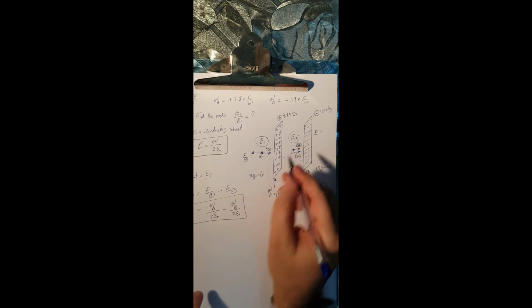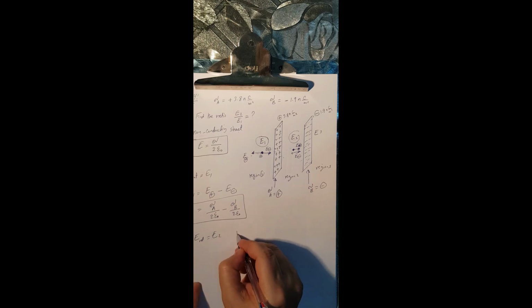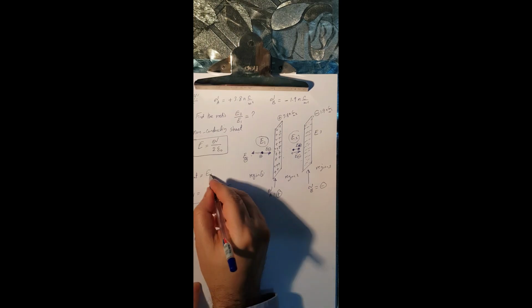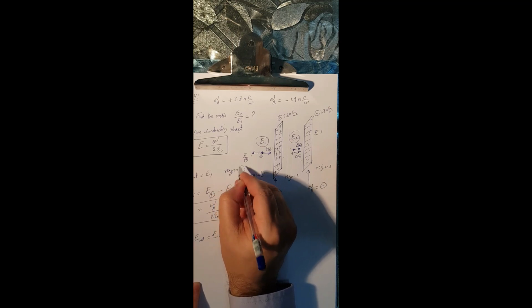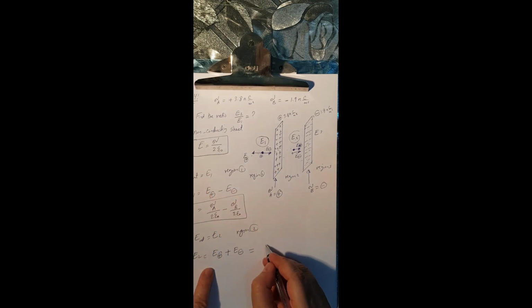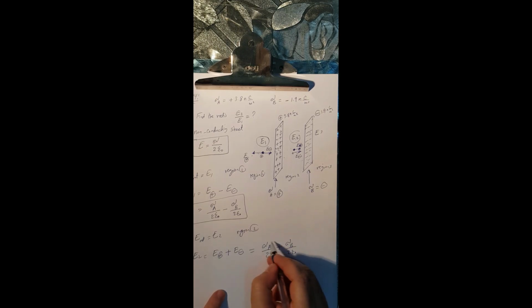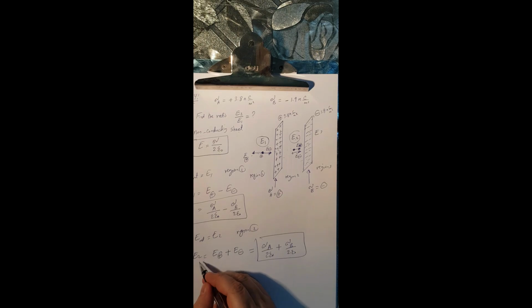So the total here, E net, is E2, for region 2, while this one was for region 1. So E2 equals the positive electric field plus the negative electric field. Both are constant and depend on sigma. So sigma A over 2 epsilon naught plus sigma B over 2 epsilon naught. This is the electric field in region 2.